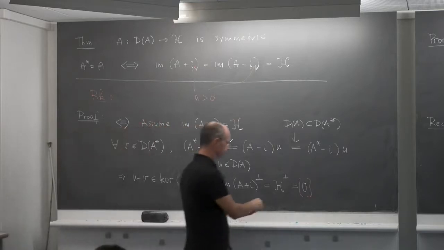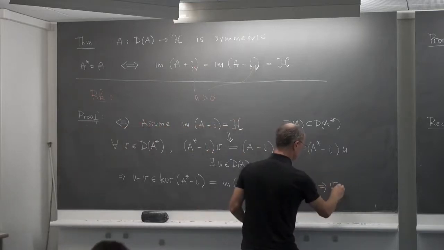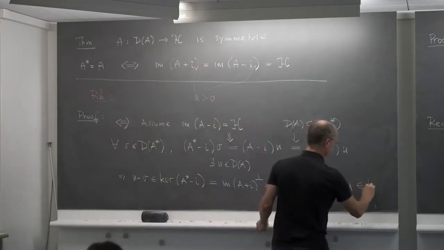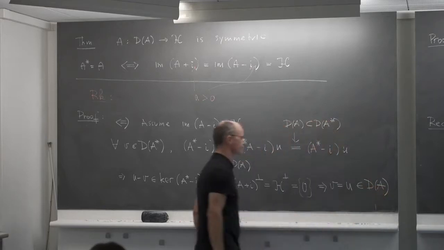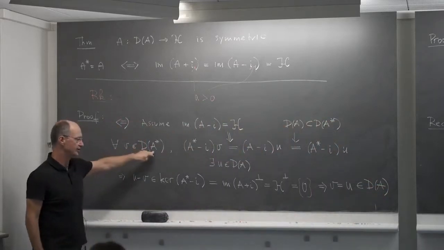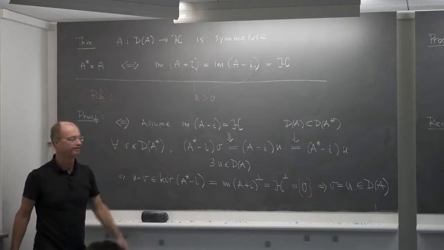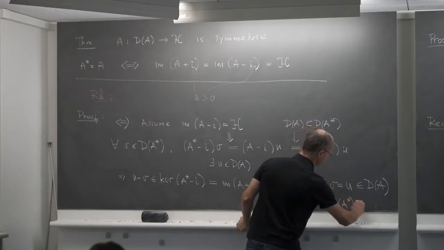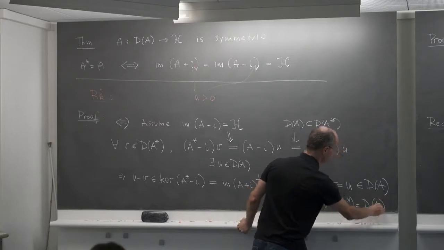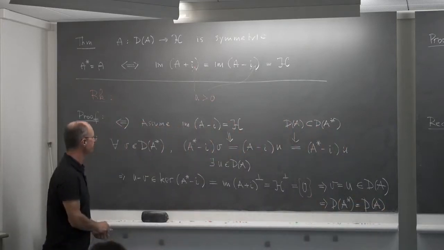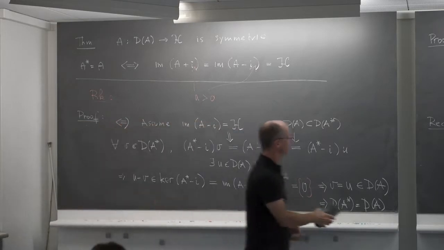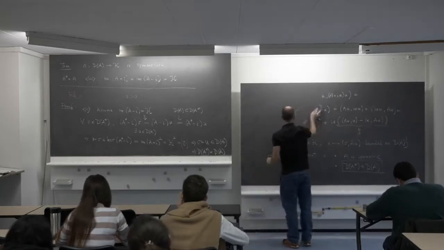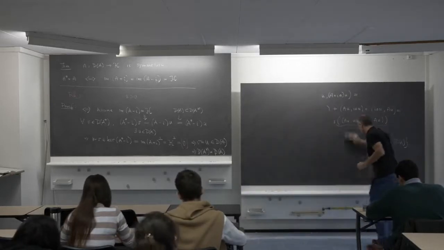So this means v is equal to u, but u was in the domain of A. So an arbitrary vector of the domain of A star is in the domain of A. And this means D of A star is equal to D of A. Right. And together with the assumption that A is symmetric, this shows that A is actually self-adjoint.